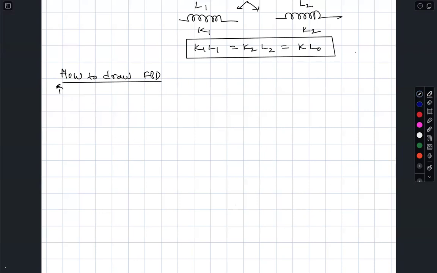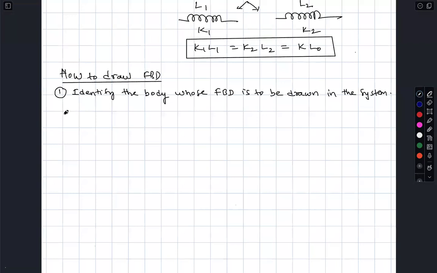First rule is: identify the body whose free body diagram is to be drawn in the system. That is the first thing you need to do.